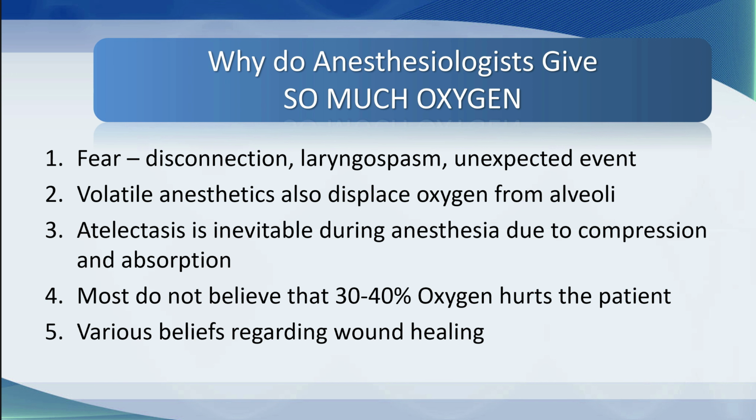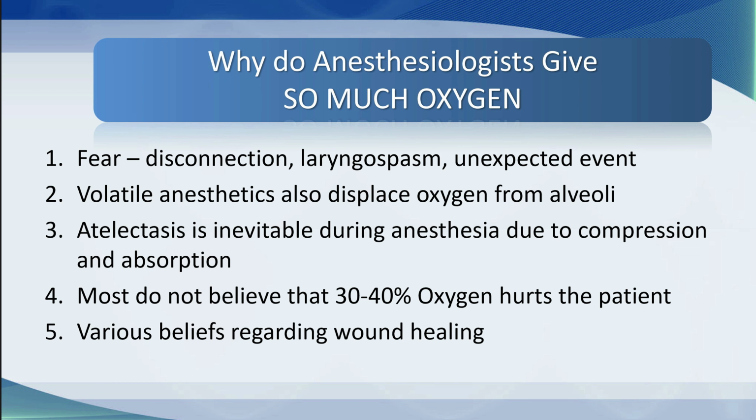Anesthesiologists are afraid that the ventilator may disconnect from an endotracheal tube, that the patient may get laryngospasm, there may be an unexpected event such as coughing, or the patient biting on the endotracheal tube, or the patient may have a PE, or various other things, and they want to have some wiggle room with oxygenation so that if something happens, there is more oxygen on board than you need, so there's some reservoir.